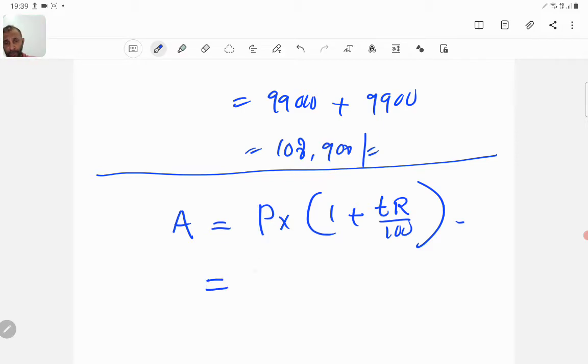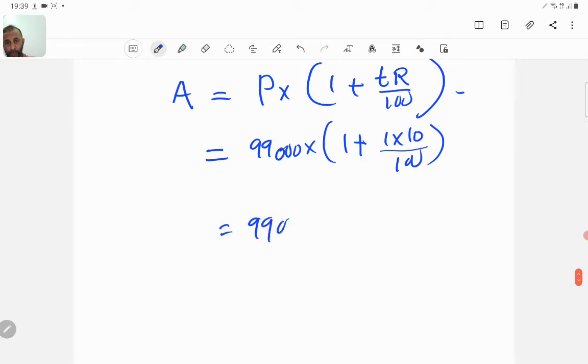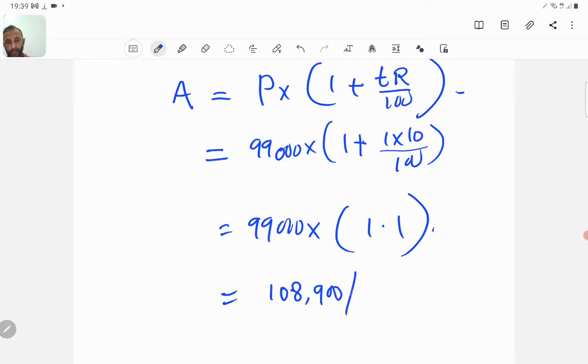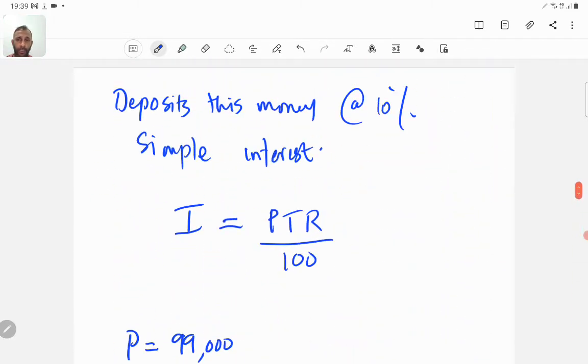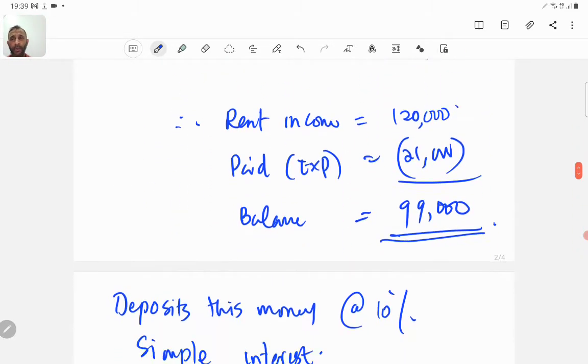P is 99,000 into 1 plus 1 into 10 over 100, so 99,000 into 1.1, which gives 9,900 plus 99,000, therefore 108,900.